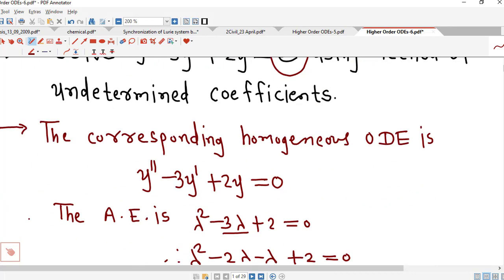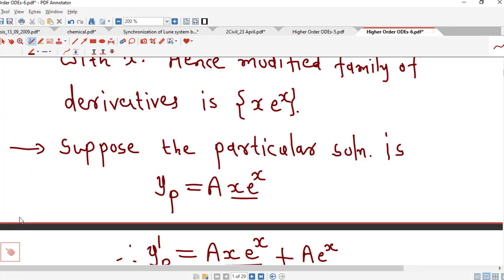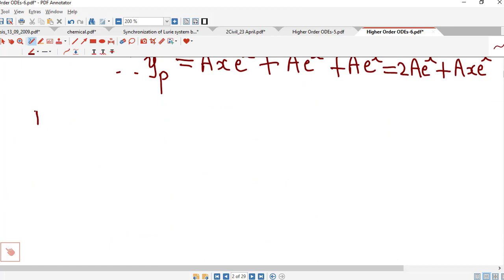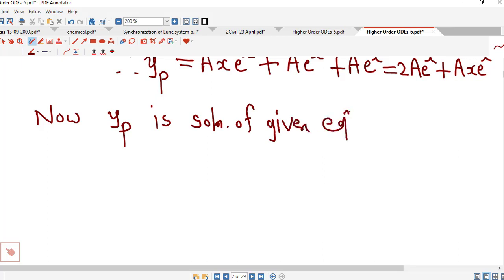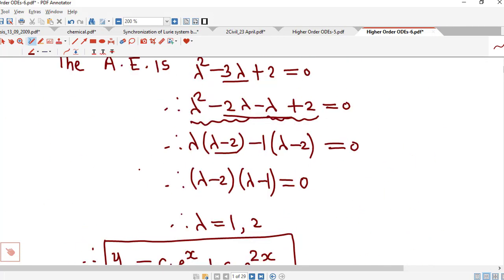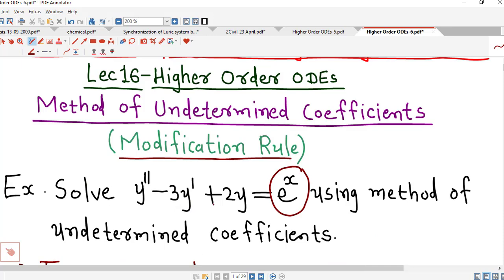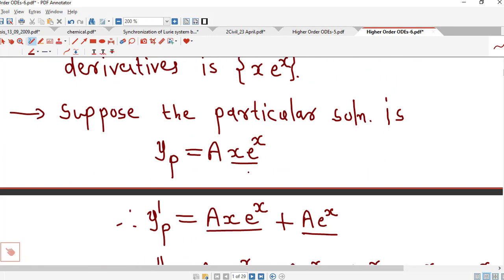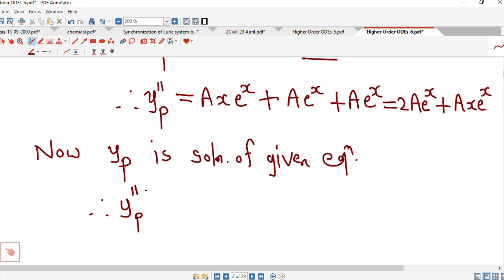So now we know that yp is a solution of the given equation, so it will satisfy the given equation. Therefore we can substitute yp in the given equation. Yp double dash minus 3 yp dash plus 2 times yp is equal to e raised to x.